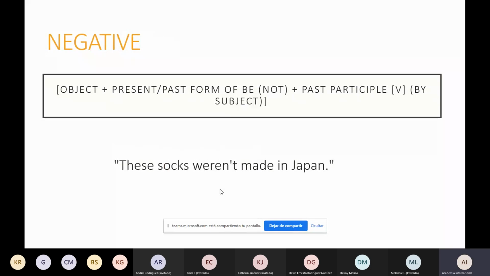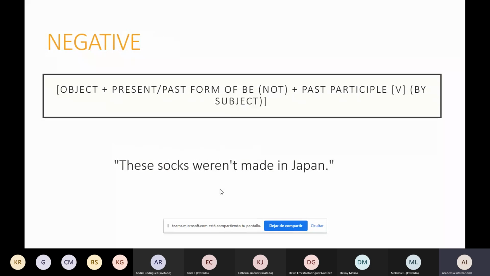The negative form. These socks weren't made in Japan. ¿Dónde podemos utilizar acá la forma negativa? Bueno, siempre va a ir junto al verb be. Entonces, these socks were not made in Japan. O si fuera en presente, these socks aren't o are not.